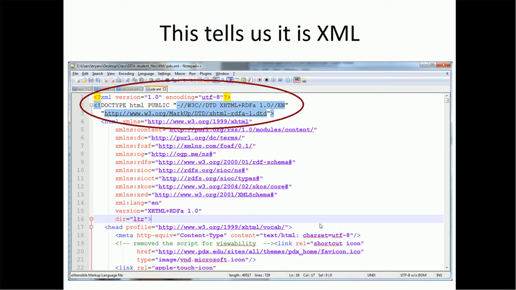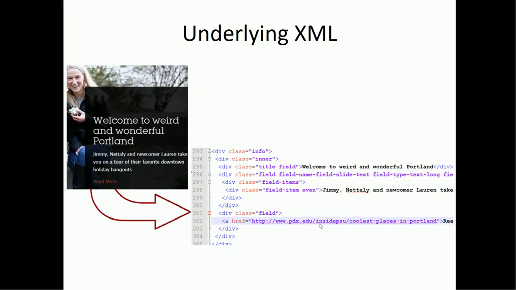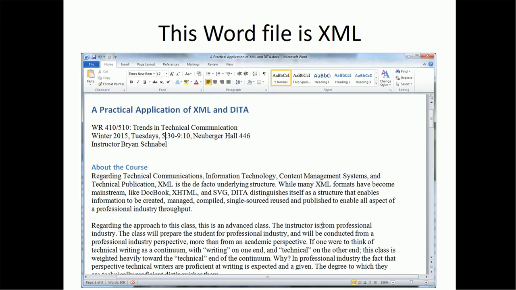And you'll learn more about that later. The purpose of me telling you this now is just so that you understand that XML really is everywhere. So the underlying XML, for example, for this part of this web page, is actually readable and then rendered in the browser. Similarly, this Microsoft Word file is XML.